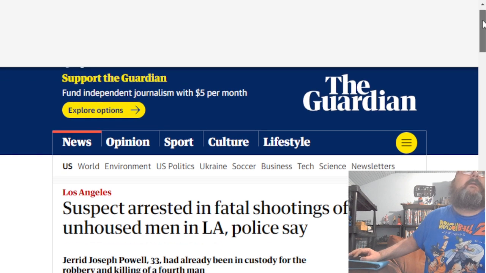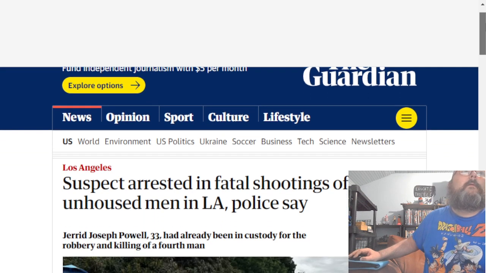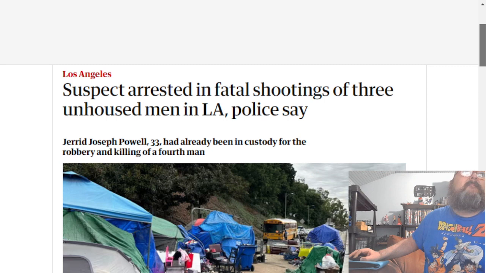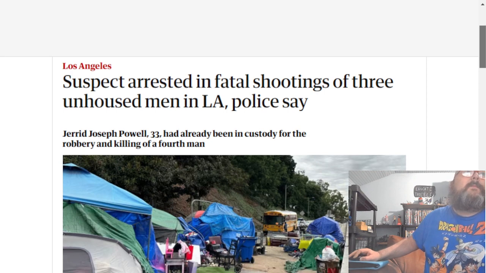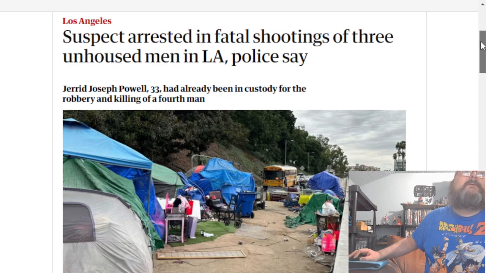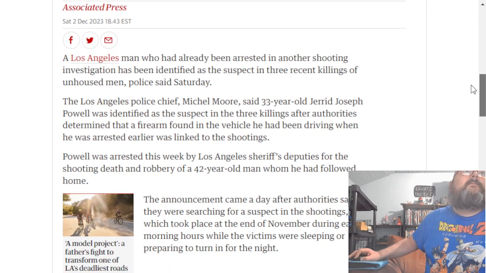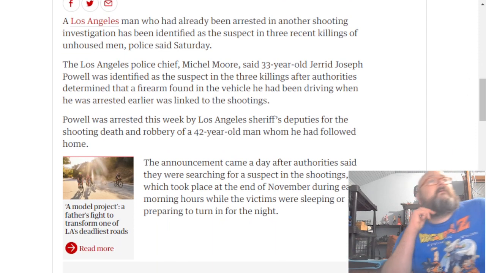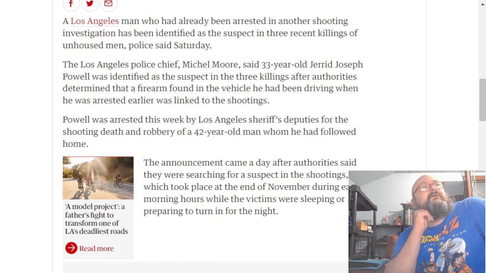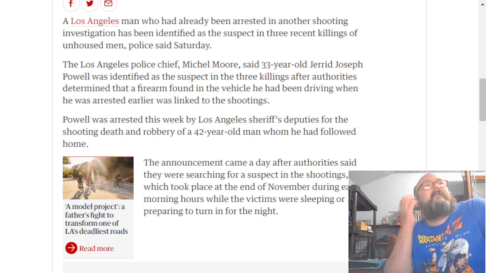This is from The Guardian. Suspect arrested in fatal shootings of 3 unhoused men in LA, police say. So we've got shootings in Las Vegas of homeless, shootings in Los Angeles of homeless. A Los Angeles man who has already been arrested in another shooting investigation has been identified as the suspect in 3 recent killings of unhoused men.